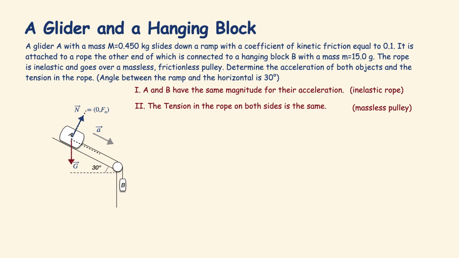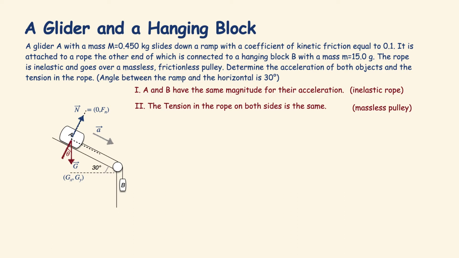So we had to split it and work with its components gx and gy. For that reason, we worked with this angle that I called theta between the vector for the gravitational force and the perpendicular, which turned out to be exactly equal to the angle between the incline and the horizontal ground.